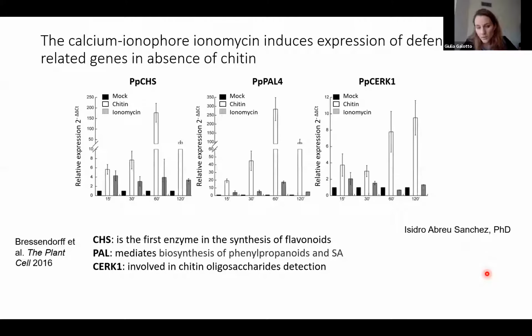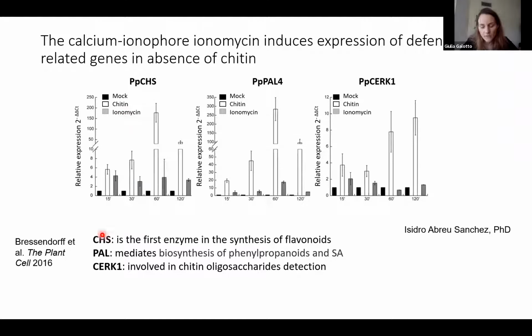Okay, so the last experiment of the paper that I want to show you is we wanted to verify if calcium is sufficient to trigger the transcription of defense-related genes in Physcomitrella patens. To do that, we used a calcium ionophore, ionomycin, which can artificially increase the concentration of calcium in the cytoplasm.